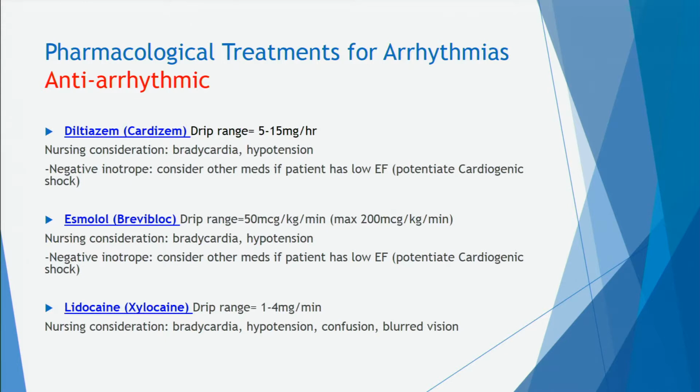These are some other antiarrhythmics that you might see, but less likely. For diltiazem and esmolol, the main thing here is usually they're going to want to think about something else with these patients if they have a low ejection fraction, which they might. So just be aware if the patient goes into AFib and they say, let's start Cardizem, and the patient already has a low EF and heart failure, you might question that.